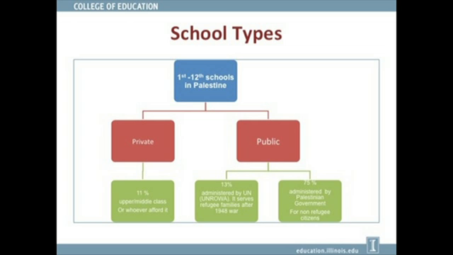For these refugees there are special schools, the UNRWA schools, supported and administered by the United Nations, the United Nations Relief and Works Agency, and they serve the families of refugees and their children, families who emigrated from the land in the 1948 war.